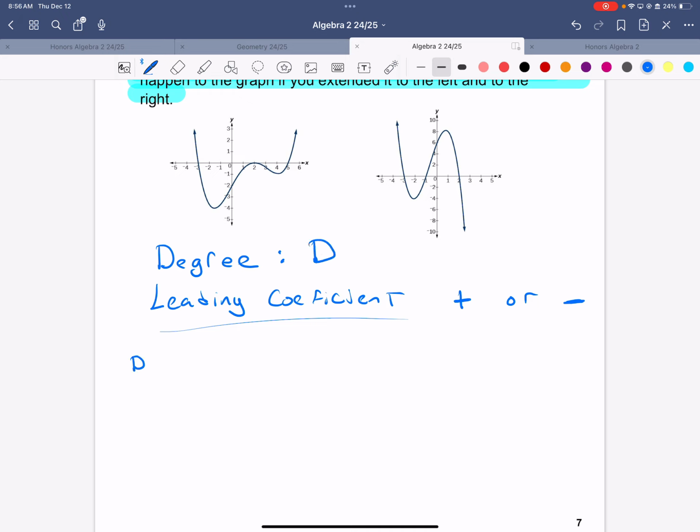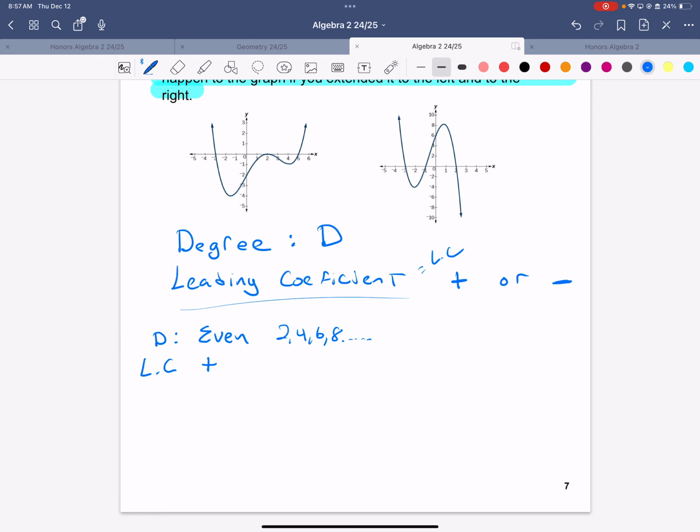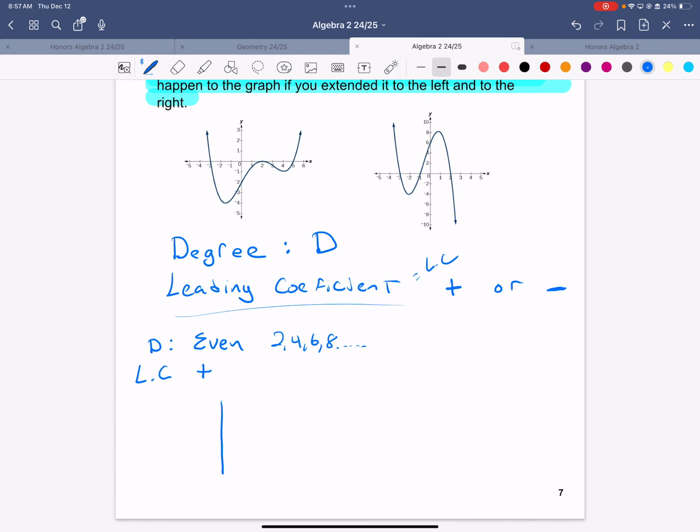D is degree. If the degree is even, meaning it's 2, 4, 6, 8, and the leading coefficient, now forever LC, is positive, the graph's end behaviors are going to be in the first and second quadrant.